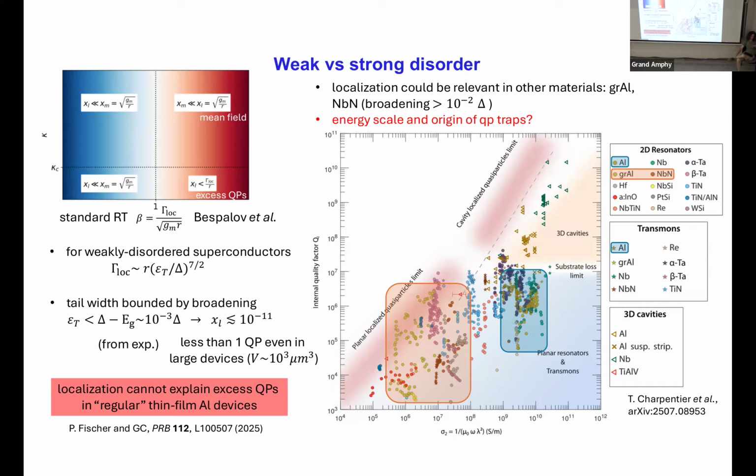But just to comment, even if you go into weakly ordered, regular aluminum, you can have the number of quasi-particles still be thermal in this higher temperature regime, like 150 to 100 millikelvin, because all the generation is overwhelmed by thermal phonons. So even if you have some other disturbances, they don't really generate quasi-particles. So the number is the thermal one, but the distribution and then the dissipation can be different.